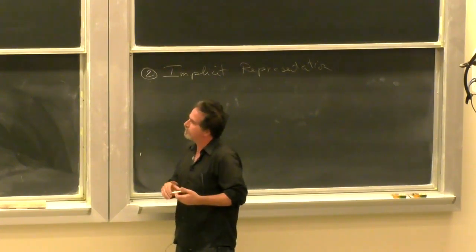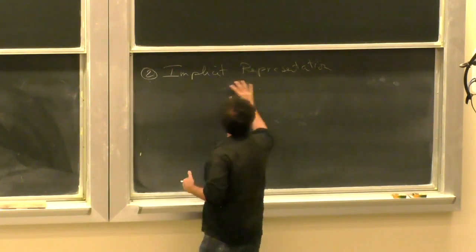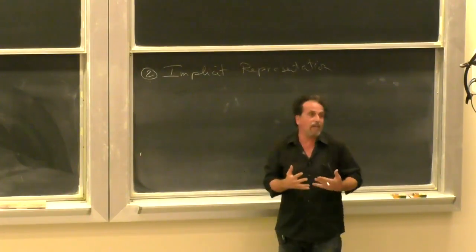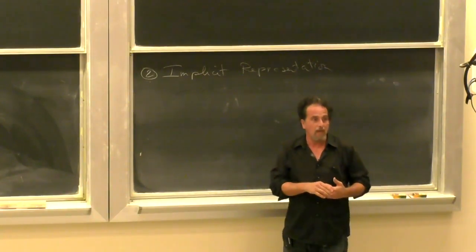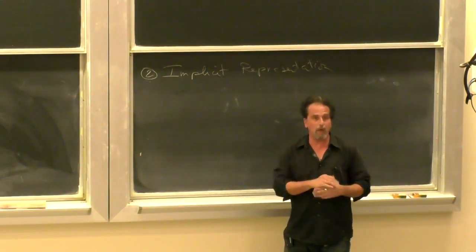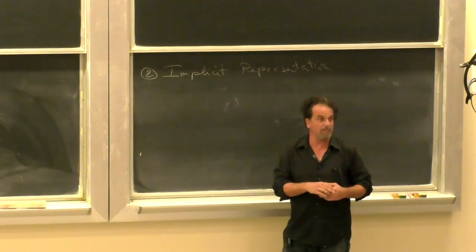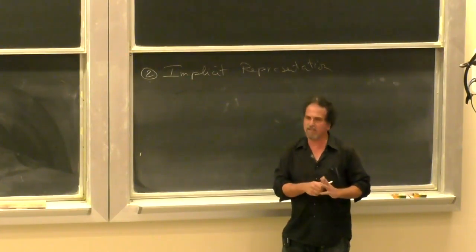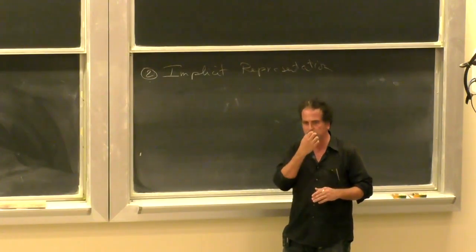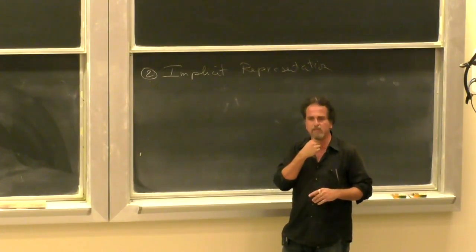The implicit representation, in effect, recognizes that, and says sometimes you have everybody wrapped up together. Now, we rarely see implicit representations of lines. Well, that's not even true. I guess we do see implicit representations of a line.